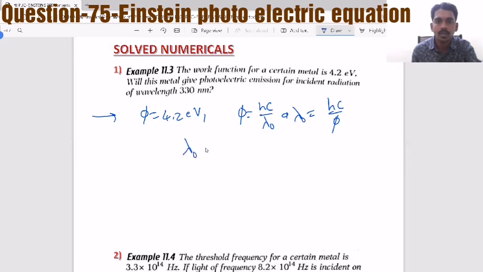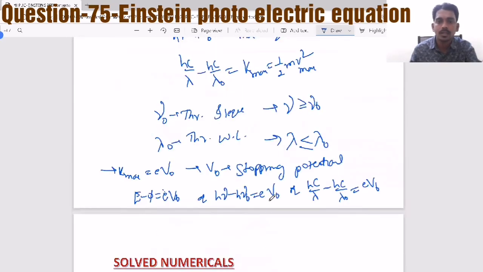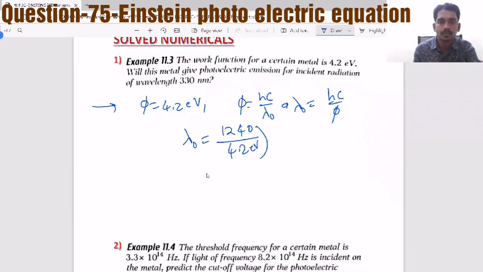Then lambda naught equals 1240 by the energy, substituting in electron volt, so that you get it in nanometers. So approximately you can calculate it.